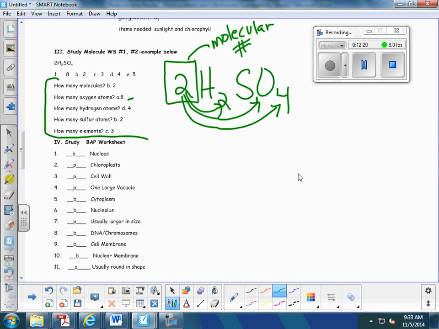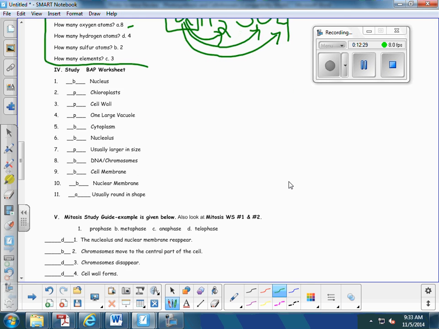Okay. Now, this next one, the VAP worksheet, I am not going to have this on the test that you have to tell me, is it plant or is it animal? But what I do on the exam, and we'll go over this later, I draw a picture, or I have a picture of a plant cell.